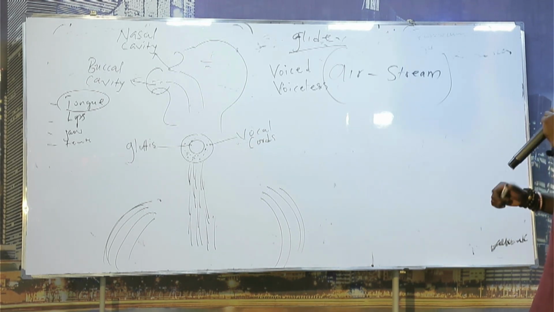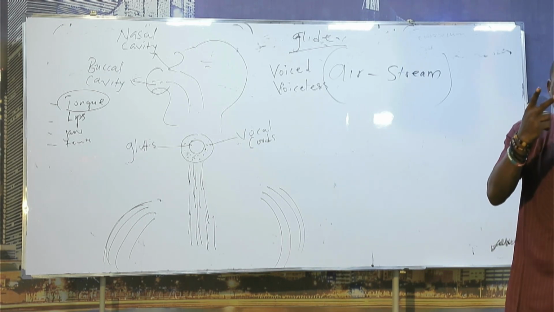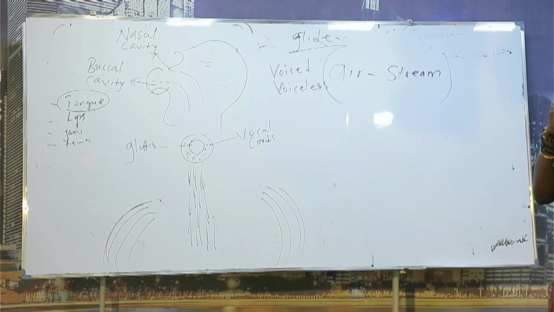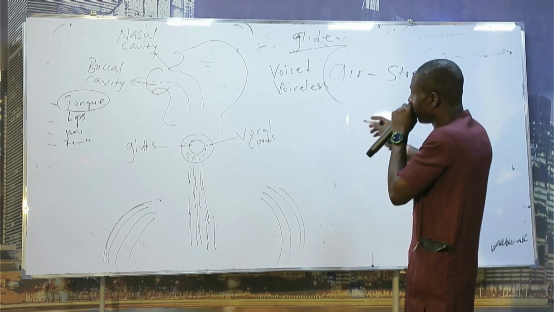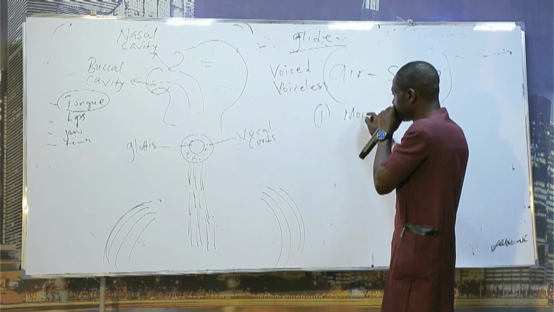Are you there? These vowels are divided into 2. Number 1, monophthongs.